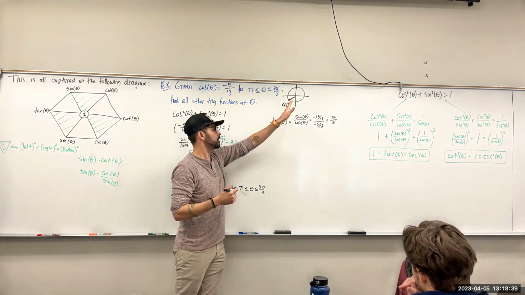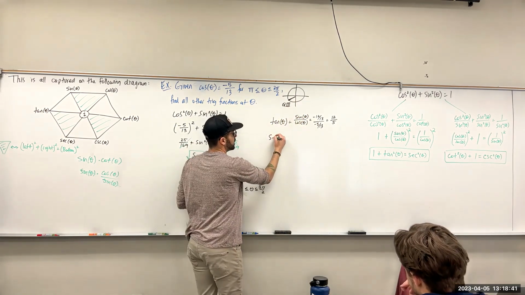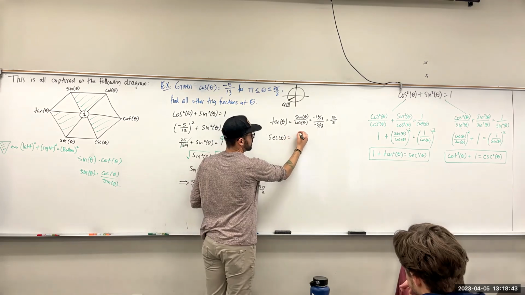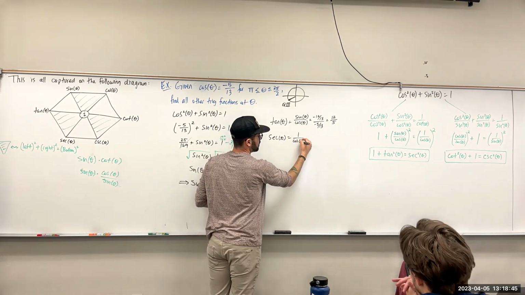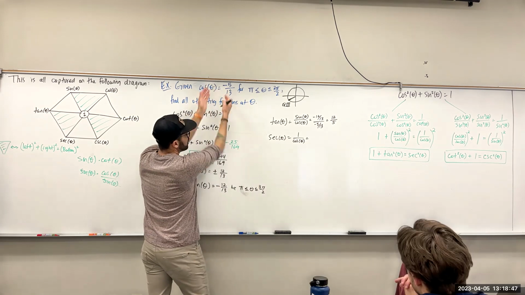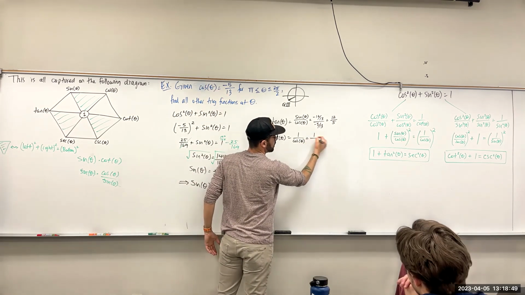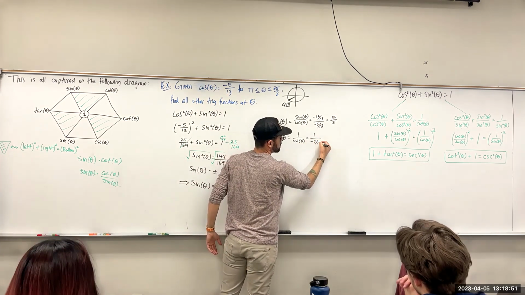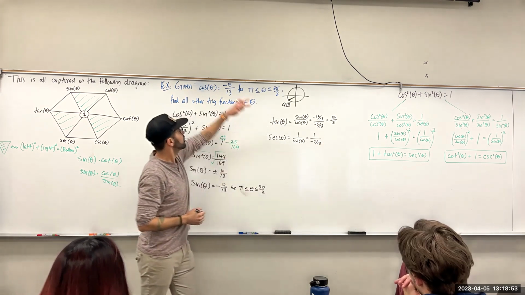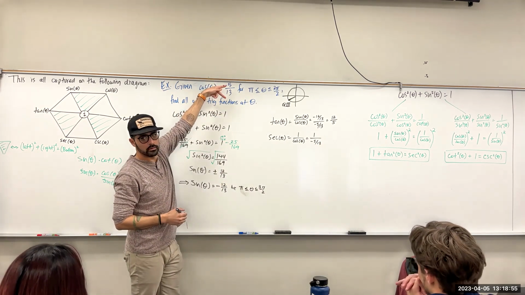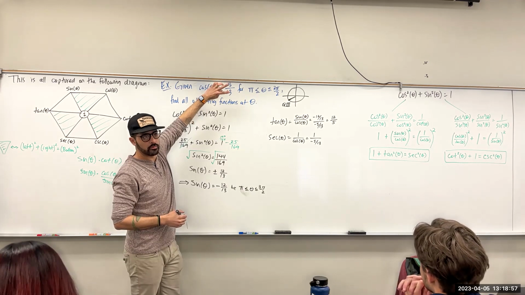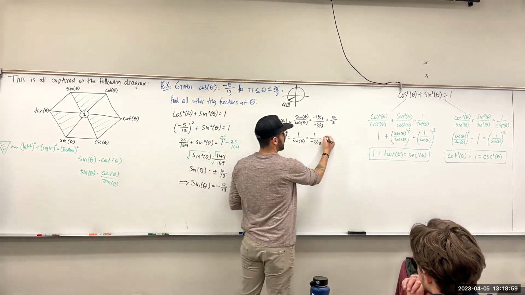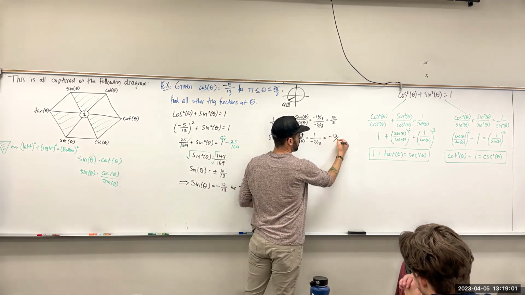Tangent can be written in terms of sine and cosine. Secant is written in terms of cosine, which I already know. 1 divided by -5/13. Or what's the reciprocal of this? This is the reciprocal, right? So it's just -13/5.